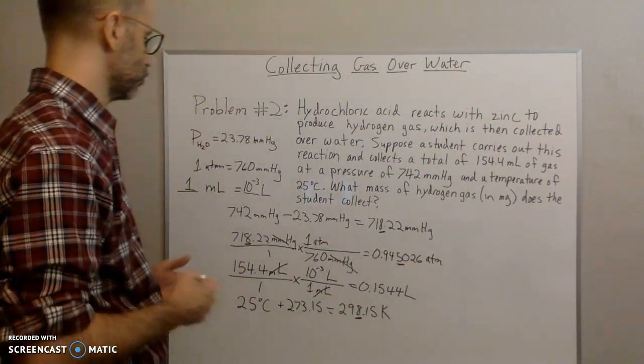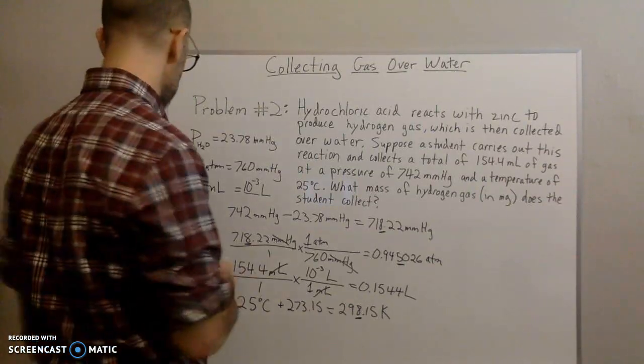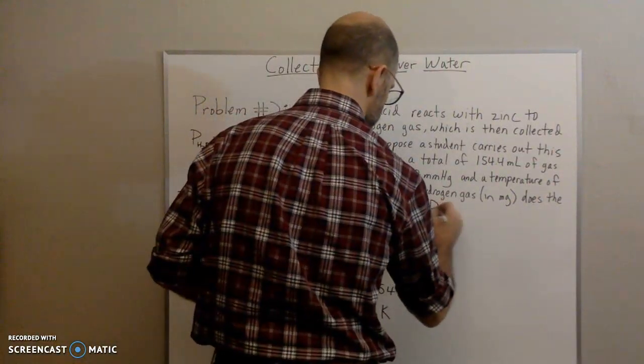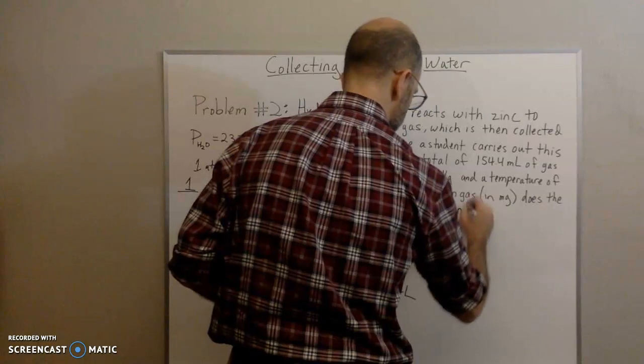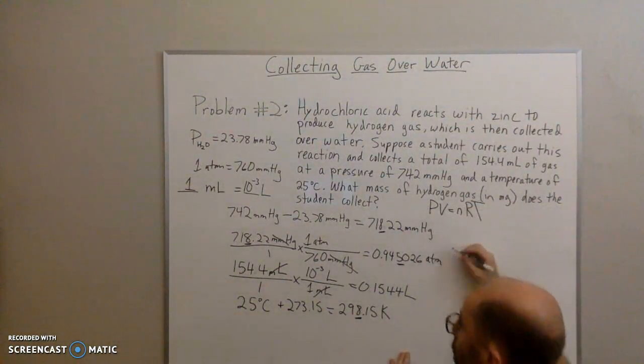Okay, so now I have Kelvin, liters, atmospheres. Now I can plug it into the ideal gas law to find number of moles. So again, the ideal gas law is, I'll write here, PV equals nRT. So I want to look for moles.